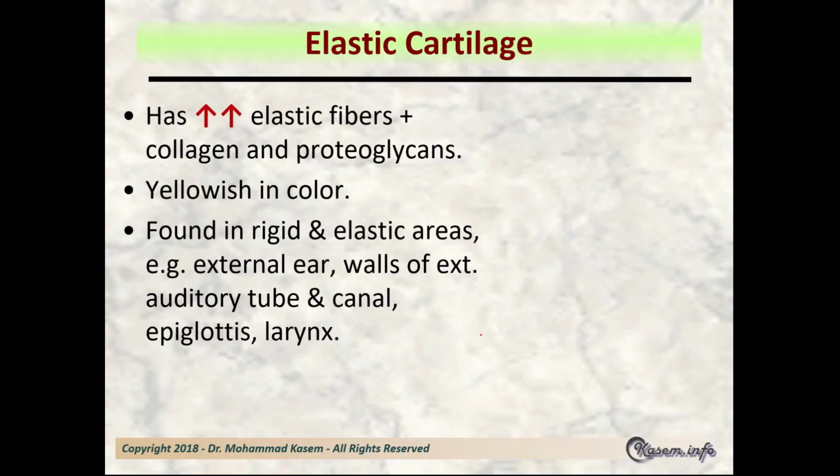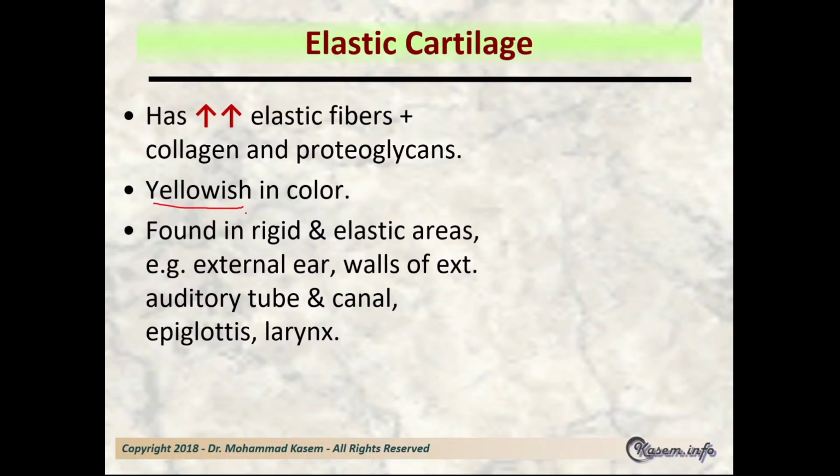The elastic cartilage has many elastic fibers in the matrix, plus collagen type 2 and proteoglycans like hyaline cartilage. So it is hyaline cartilage plus elastic fibers. The elastic cartilage in the fresh state looks yellowish in color.